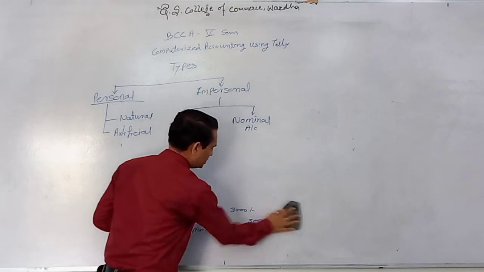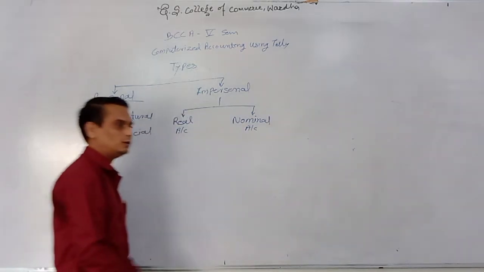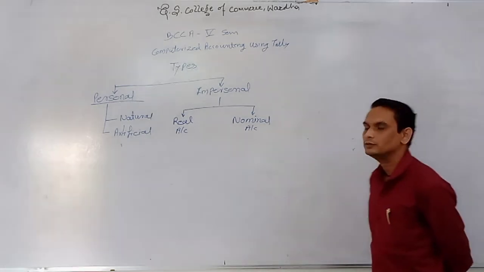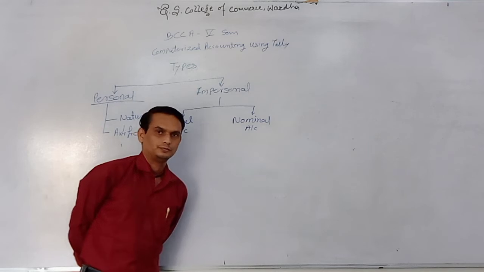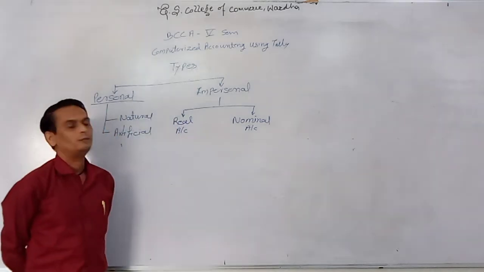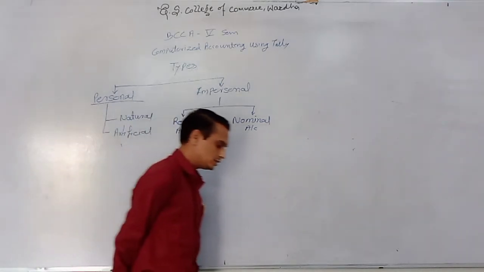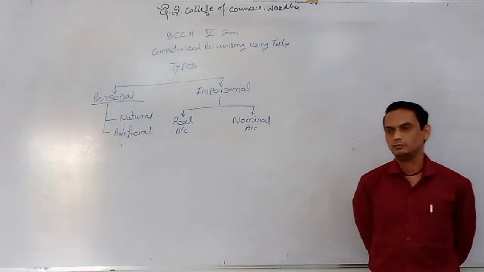Okay, so we discussed the personal account, which is related with persons, institutions, firms. Then the real account, which is related with assets. Now the nominal account. Nominal accounts are related with expenses and income.